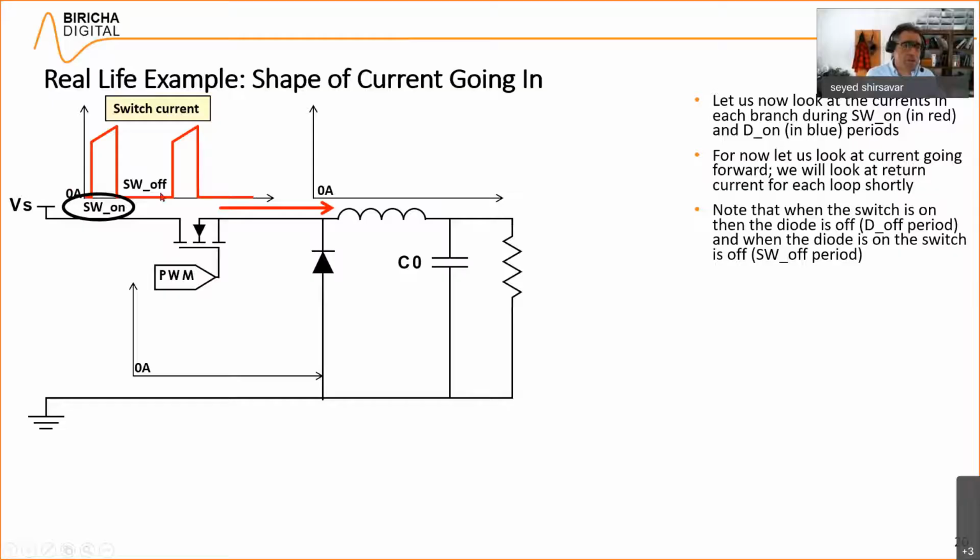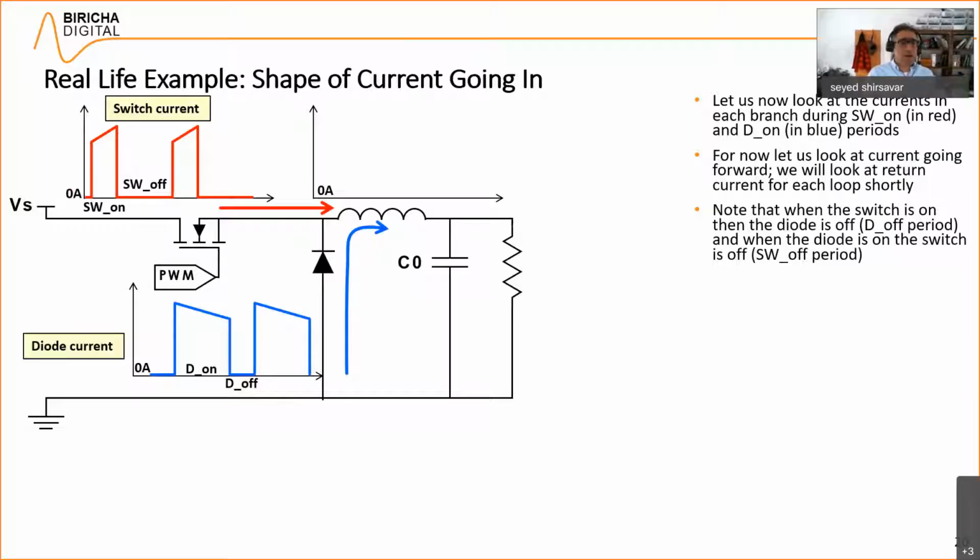Switch off period, there's obviously no current, and then it repeats. Then this is the diode. During the diode on period, you see that the current is freewheeling through the diode and is ramping down. And during the off period, obviously, there is no current in the diode because the switch is on.